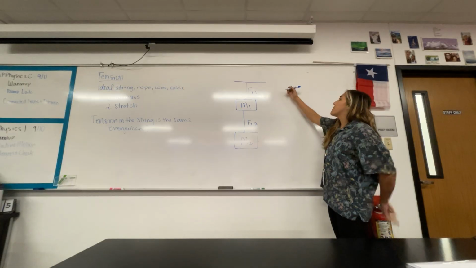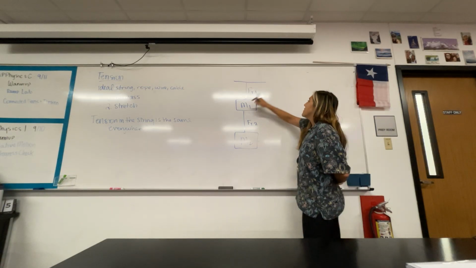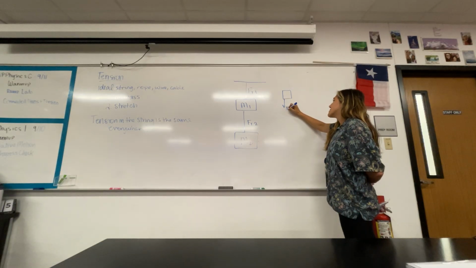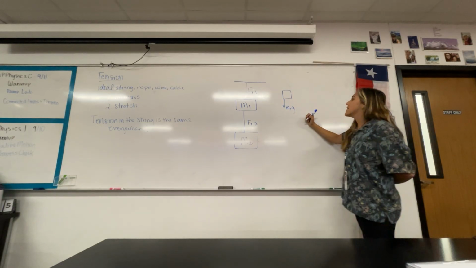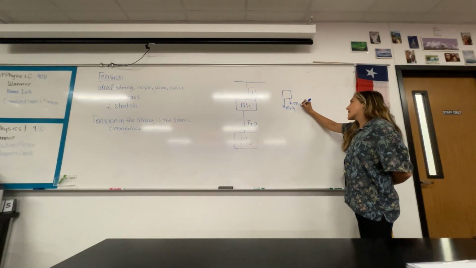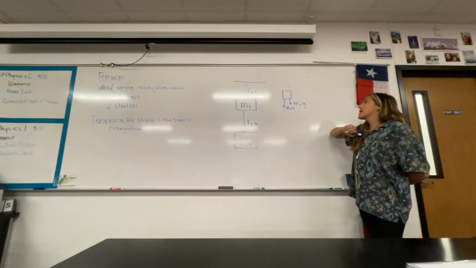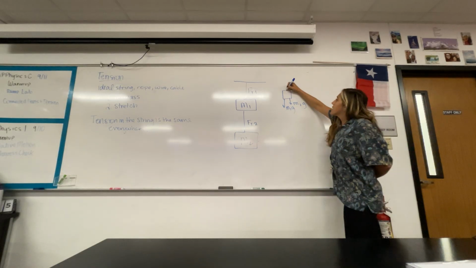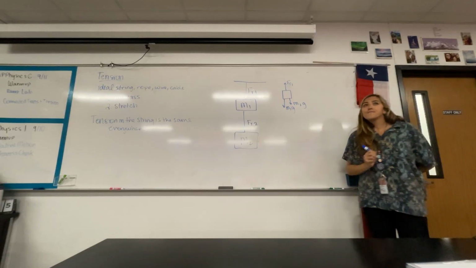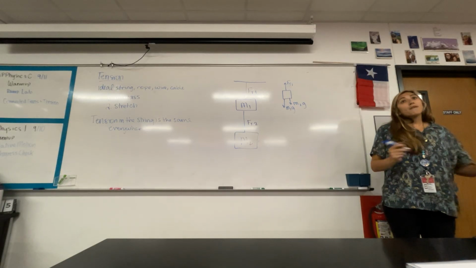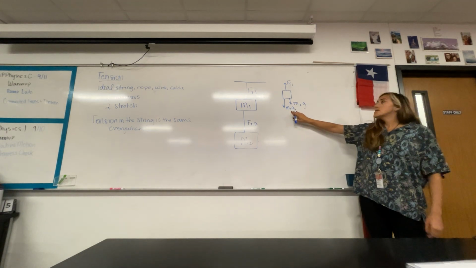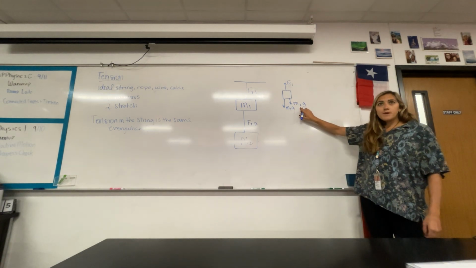If I draw the free body diagram for M1, M1 would have its weight pulling on it. It would also have the weight of the second block pulling on it, and it would have FT1 going up. So FT1 would just be equal to M1G plus M2G.